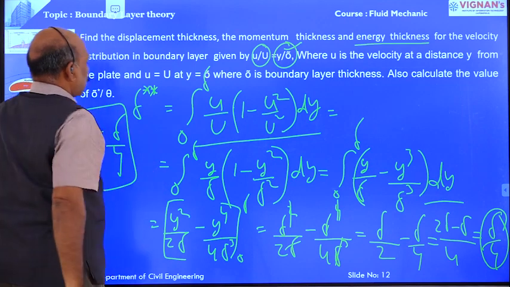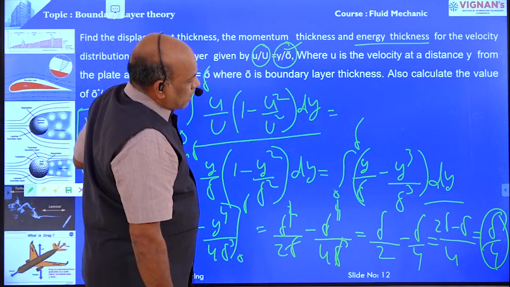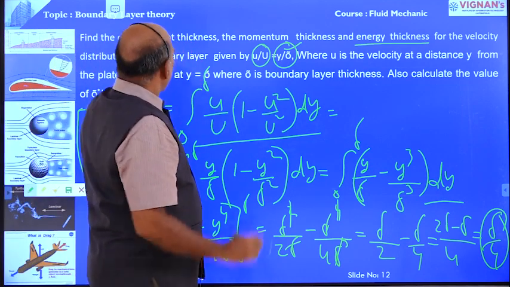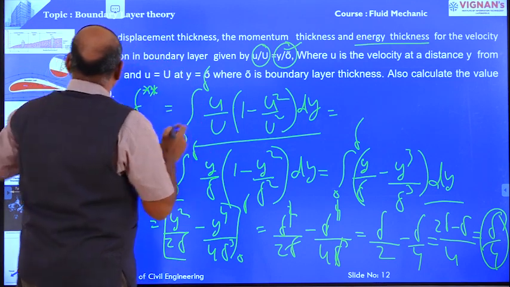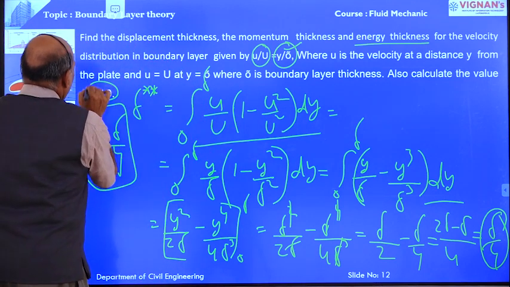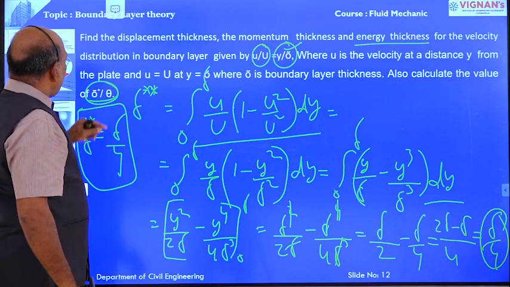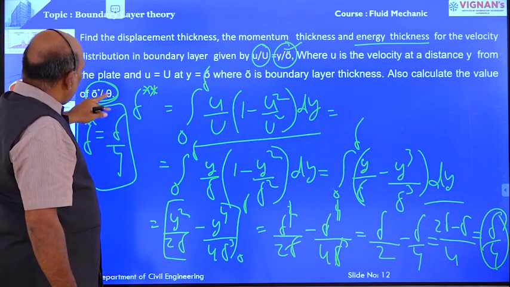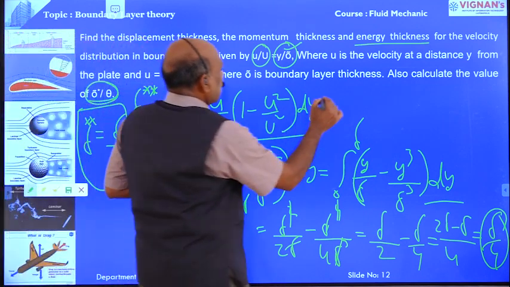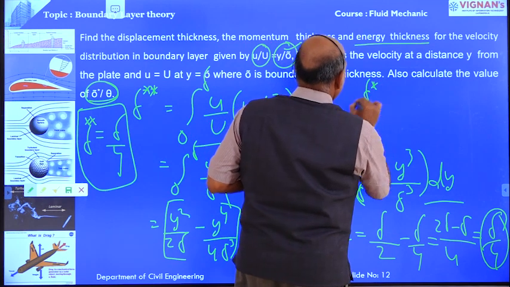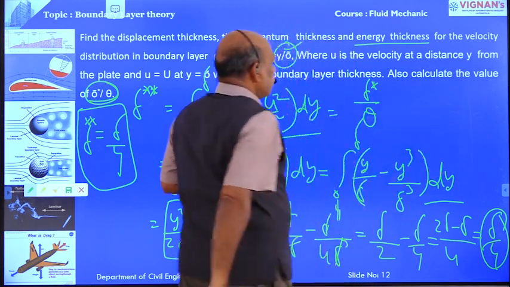The energy thickness is displacement thickness divided by 4. One more point they have asked: what is the ratio between the displacement thickness and momentum thickness? Displacement thickness delta star divided by momentum thickness.